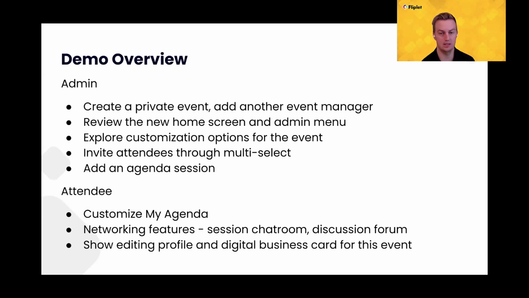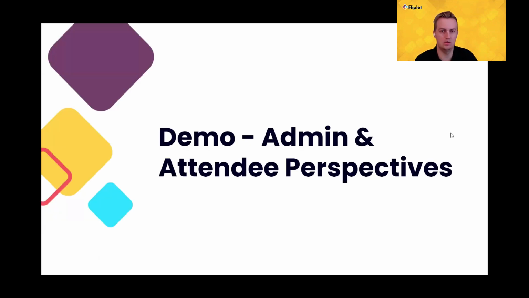We'll then invite the attendees really quickly through a new multi-select feature, and then we'll add a new agenda session to see what that process looks like. We'll then switch to a different copy of the app and look at the mobile perspective for an attendee at an event. We'll jump in and customize My Agenda. We'll look at some of the networking features, and we'll show how an attendee can edit their profile and then share their digital business card for the event. And with that, we will jump right into the demo.